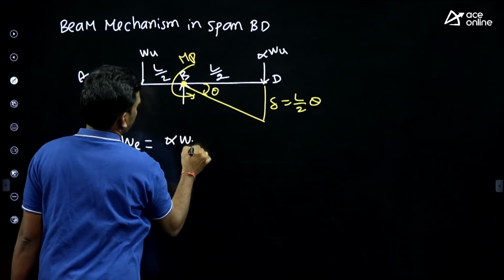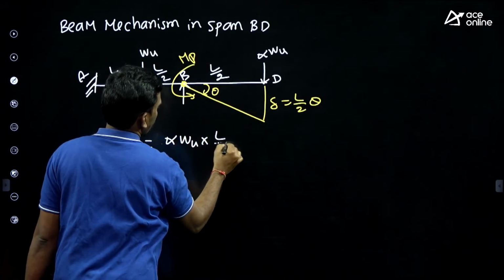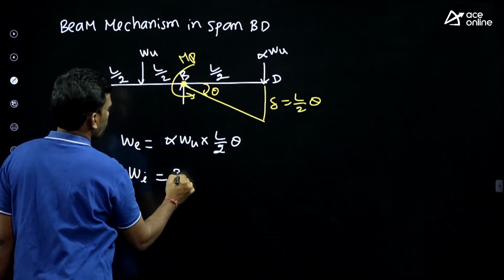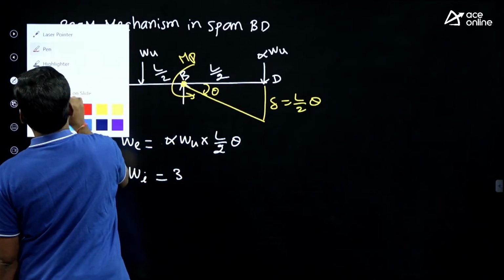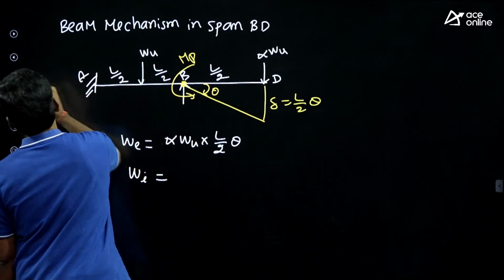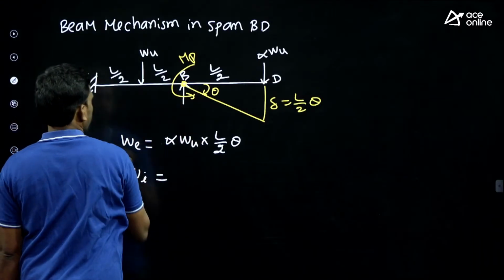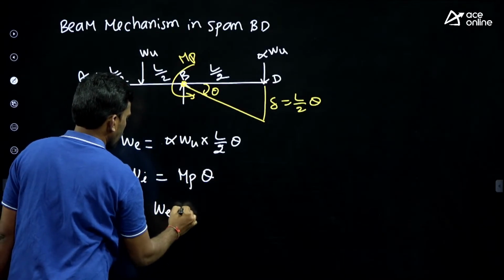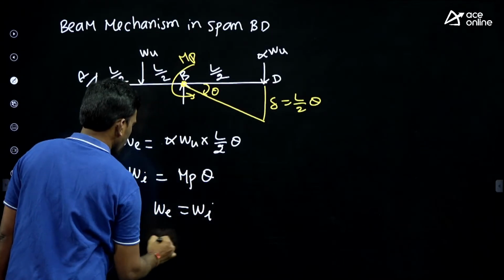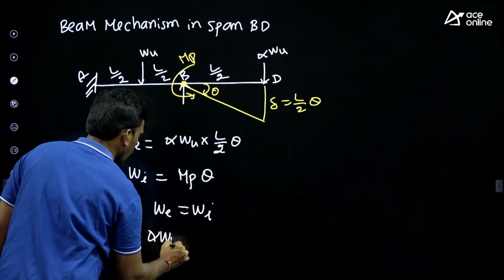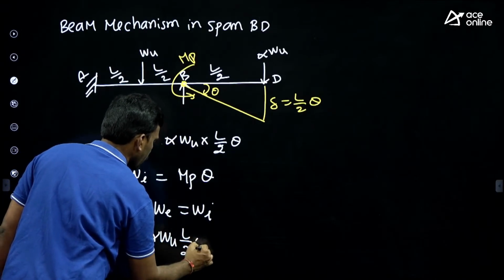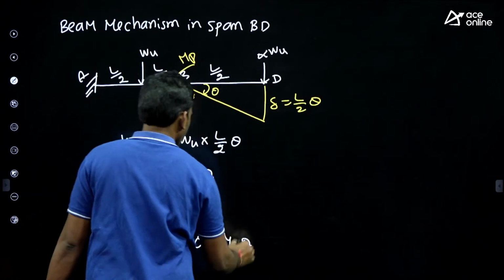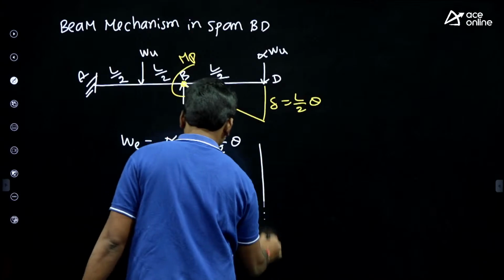Alpha ultimate load into delta. What is delta? L by 2 theta. And what is internal work done? Just MP into theta, right? MP into theta. Now equate external work done equals to internal work done. So alpha ultimate load L by 2 theta and MP into theta. So theta gets cancelled.